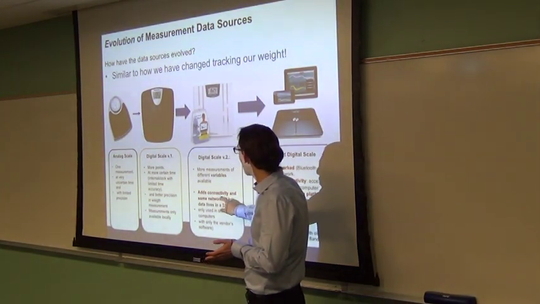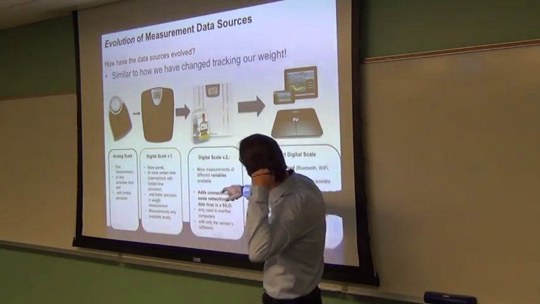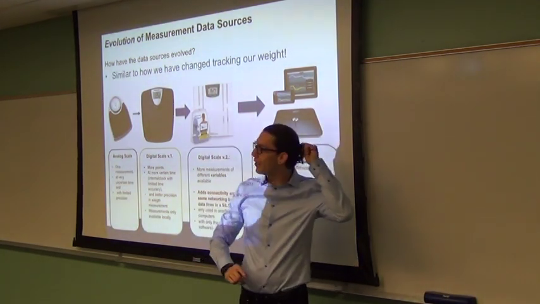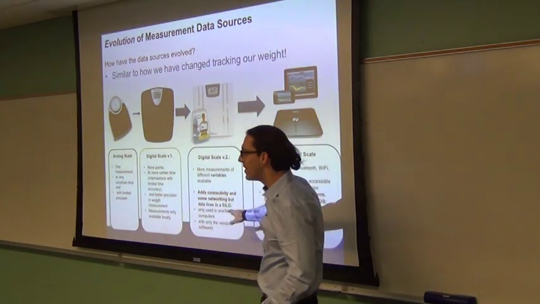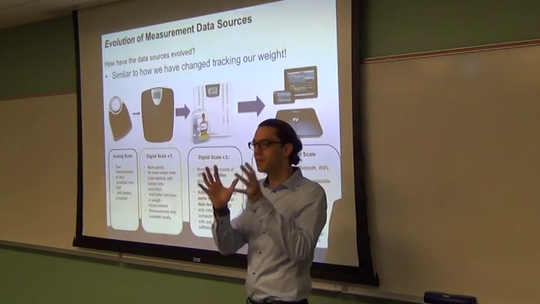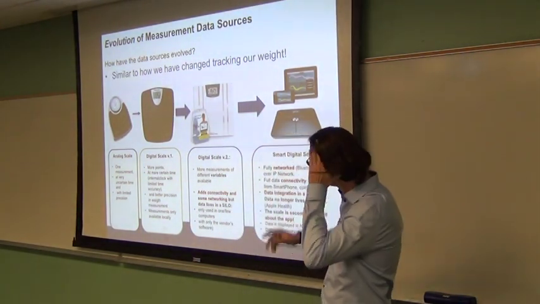You added some connectivity and some networking. How? By interfacing it to your laptop with a serial port or USB. The data lives in a silo, in a specialized computing program. Okay? And this is where we are more or less today.